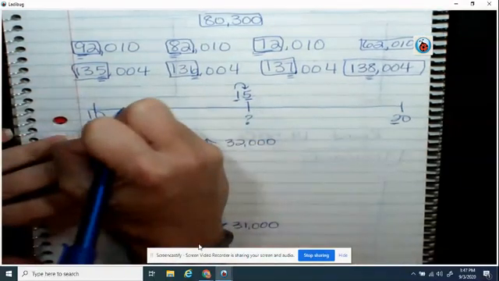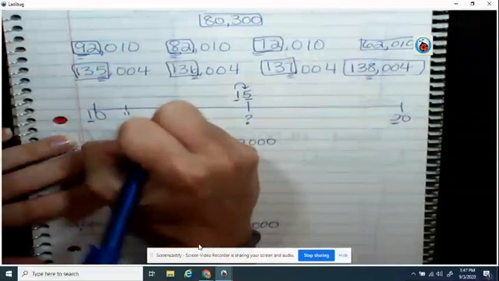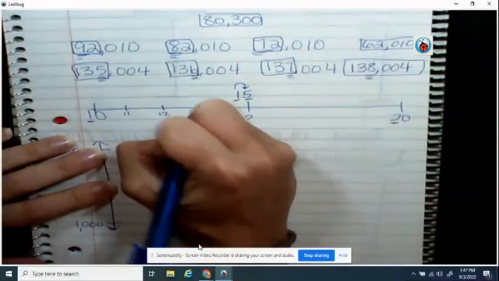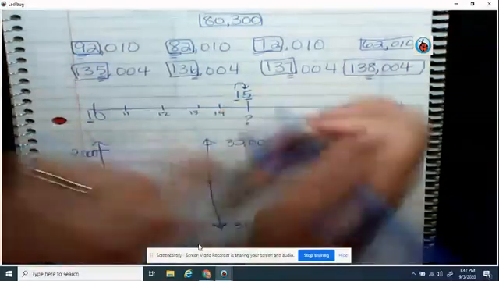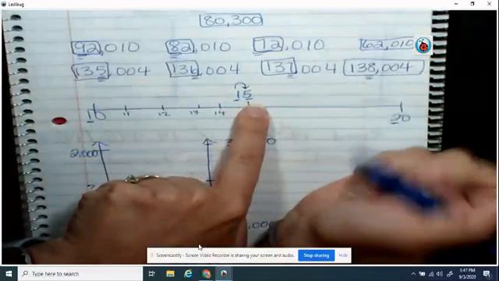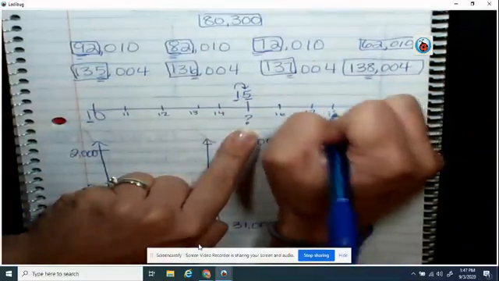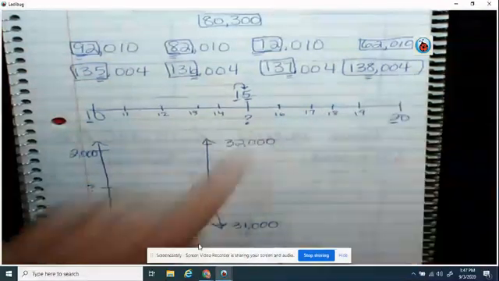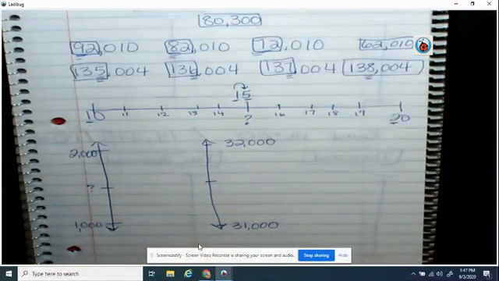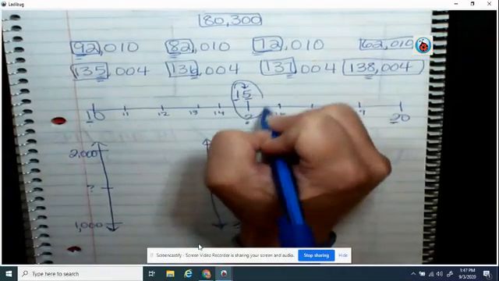So this is like 10, 11, 12, 13, 14. Then we would have 15, that's right in the middle. 16, 17, 18, 19, and then 20. And 15 is what's right in the middle.